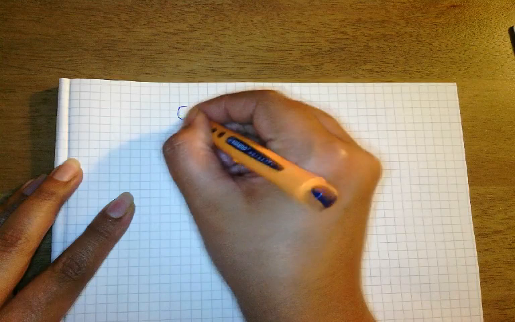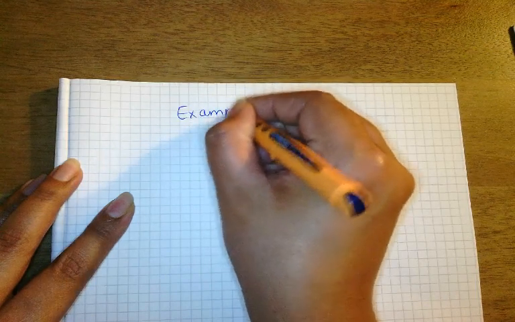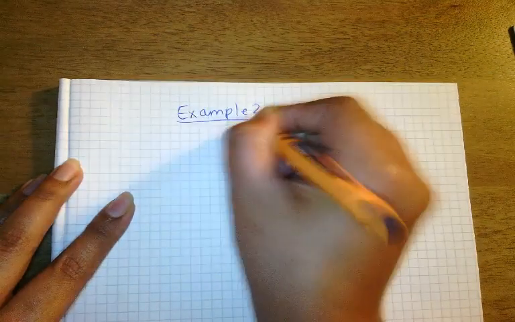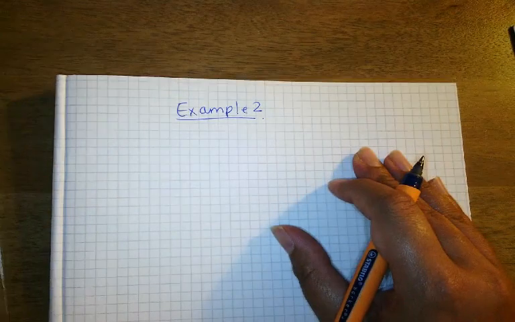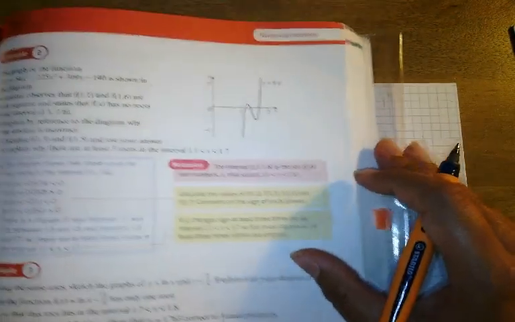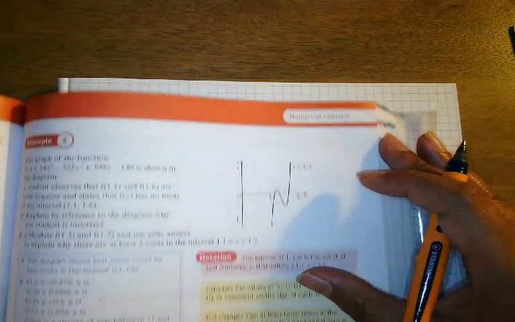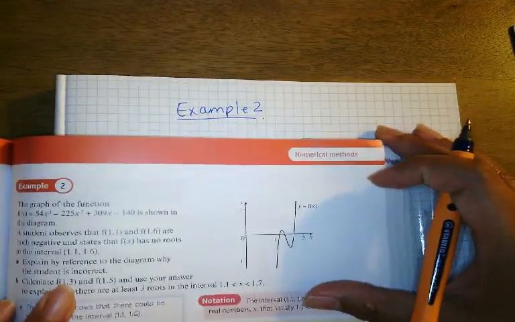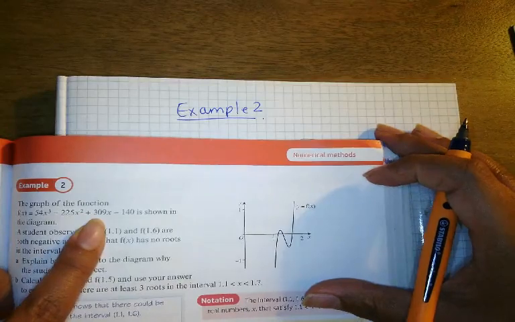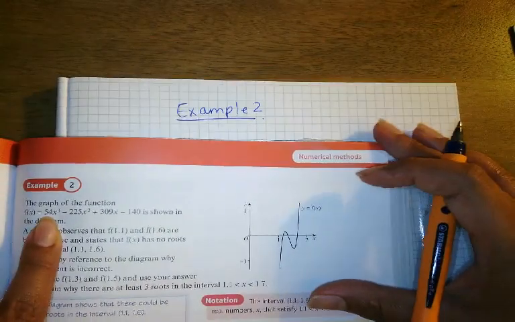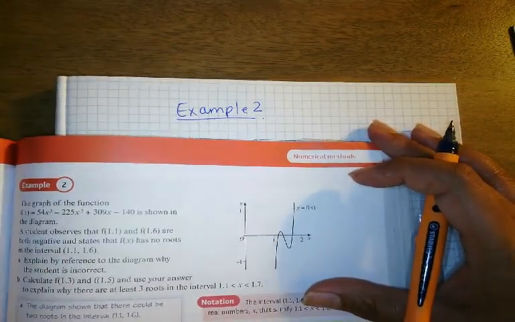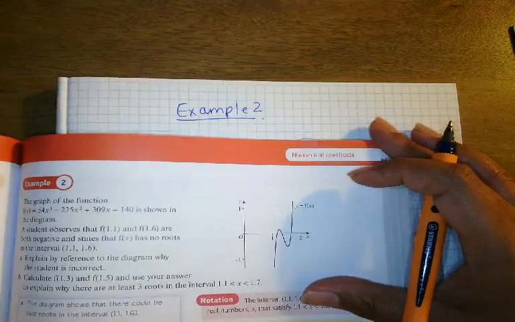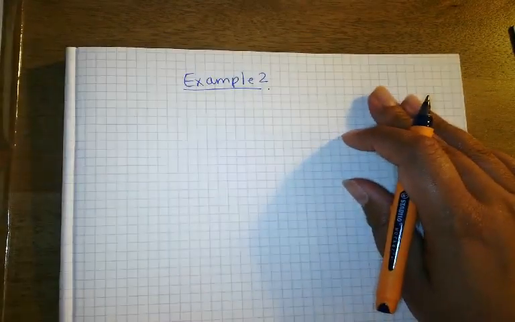In example 2, I've got a graph that's been given to us, and it says that the graph of the function f of x is 54x cubed minus 225x squared. Let me write that down.